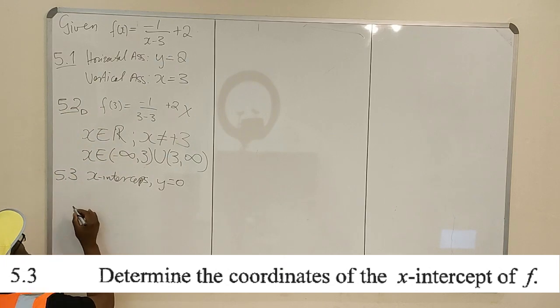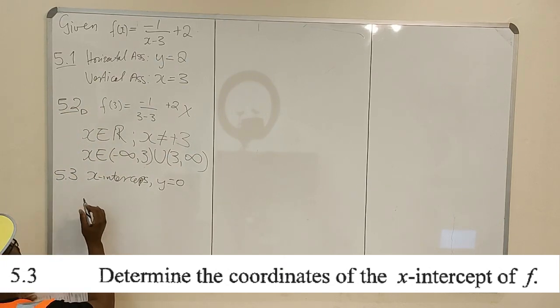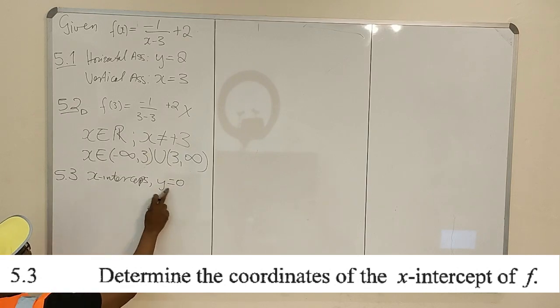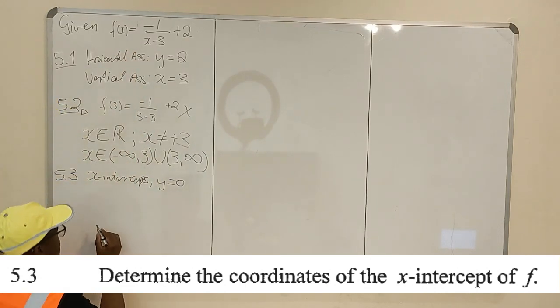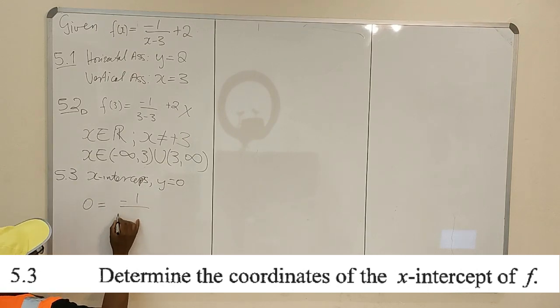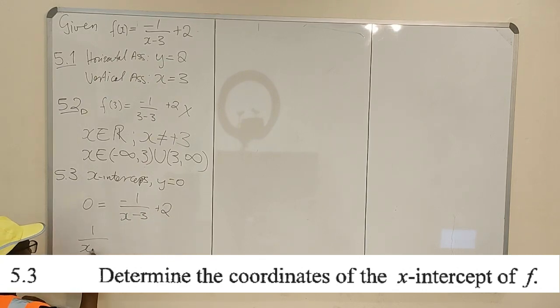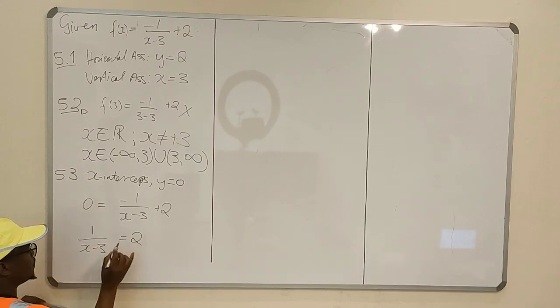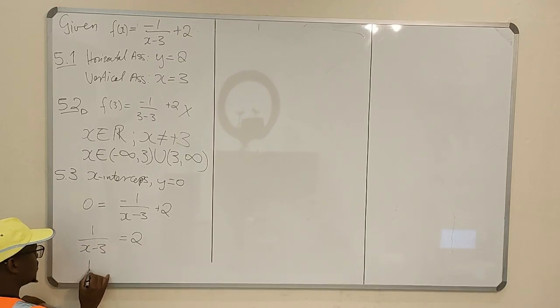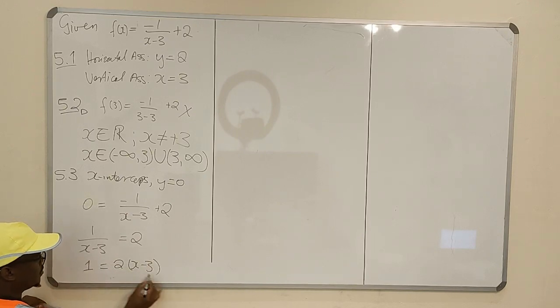So we have y is 0, which is f of x is 0. So we have 0 is equal to -1 over x minus 3 plus 2, right? So 1 over x minus 3 is equal to 2. So 1 is equal to 2 into x minus 3.